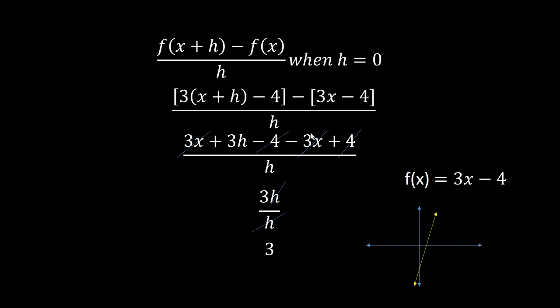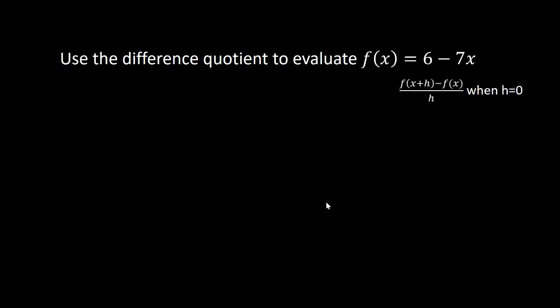But if we have a linear equation, the tangent line is the equation. So notice that the slope of this line was 3. And that's why the answer was 3, because we're really after the slope of that straight line. And because this started off as a straight line, it should match the slope of the line. Okay? So let's go to a different example and see what we can do with the next one.